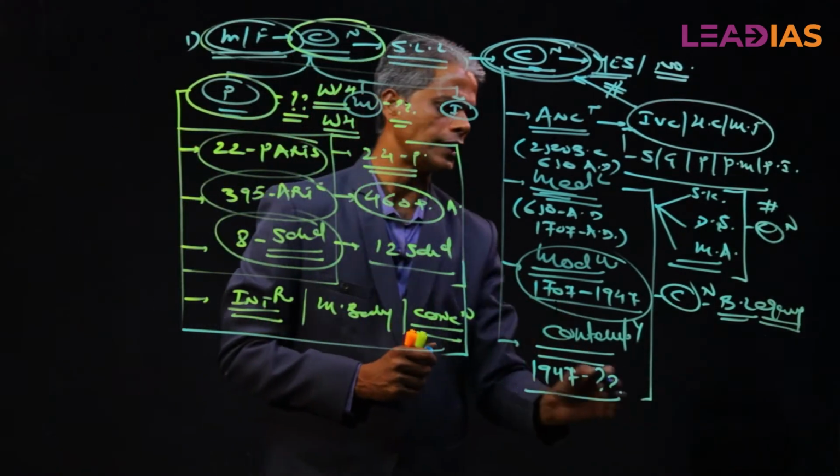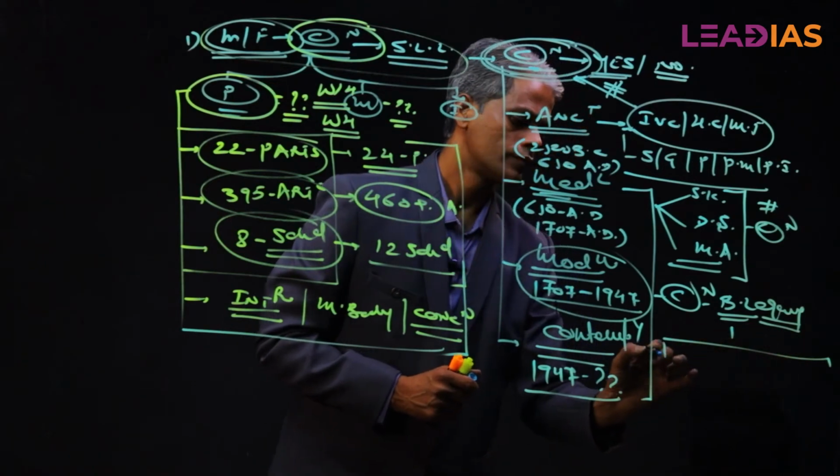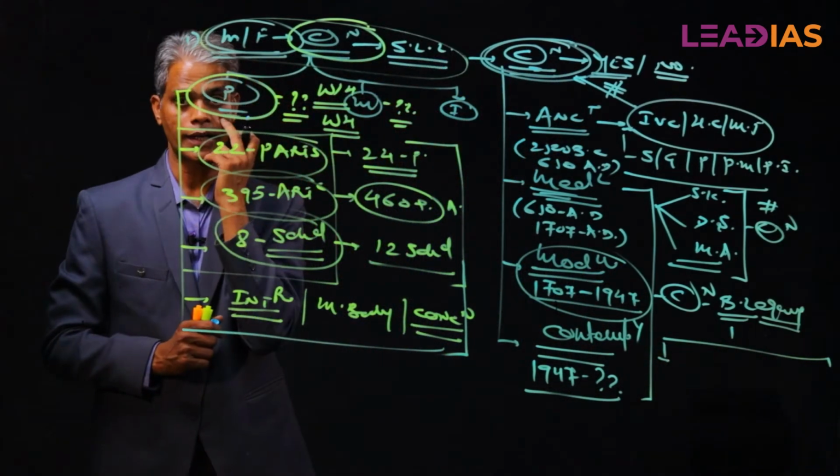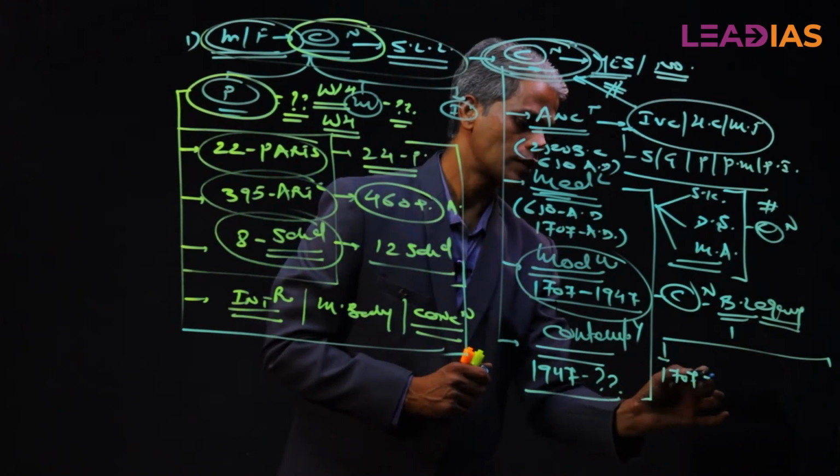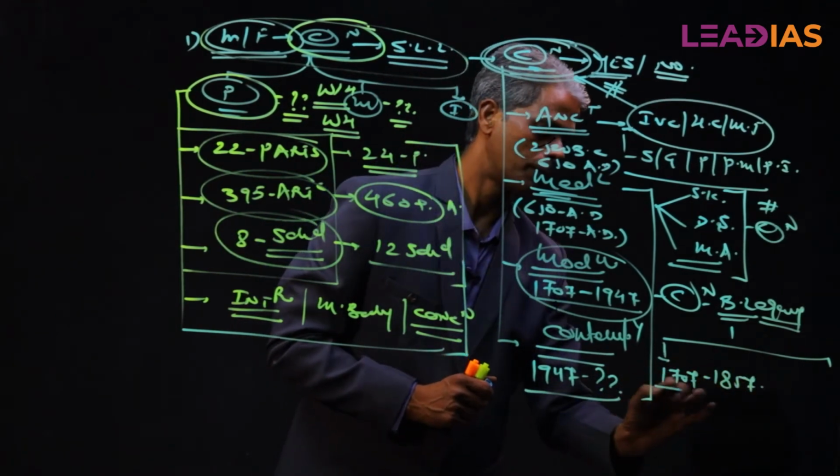Now when we talk about 1707 to 1947, again this can be divided into two phases. One phase was from 1707 to 1857.